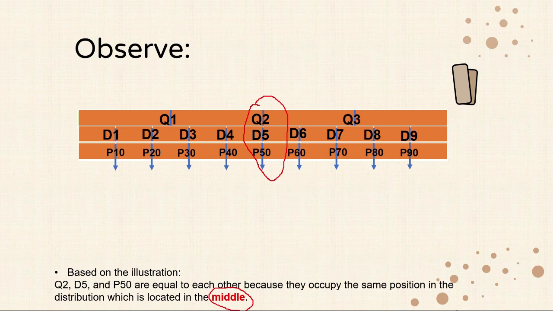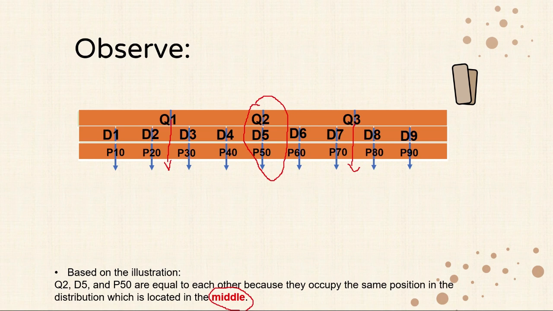But if we also extend this quartile 1 into these illustrations, as you can see, Q1 is also equal to P25, right? And here, same here, Q3 to P75. So they are also equal to each other. So you can also explore the other points or the other positions that are equal to each other.